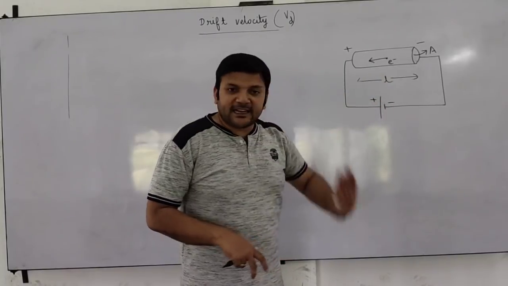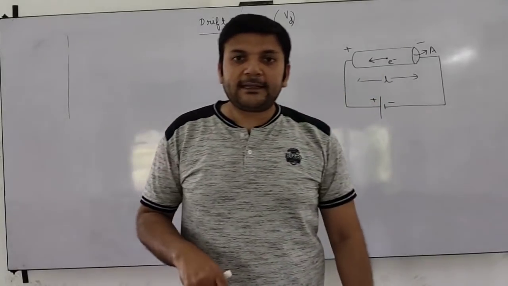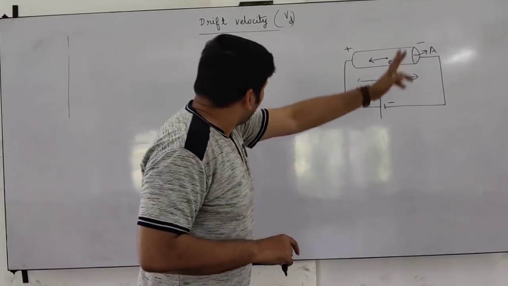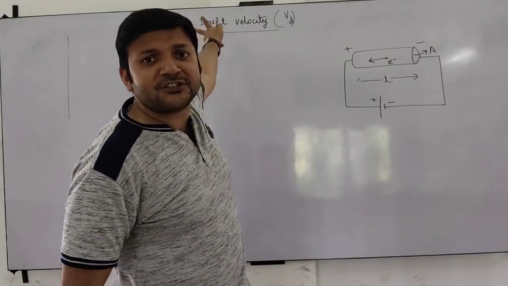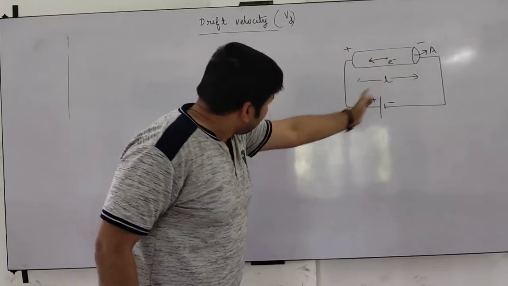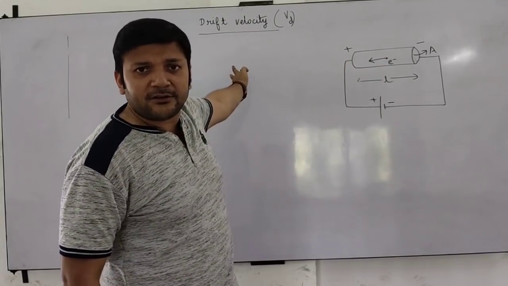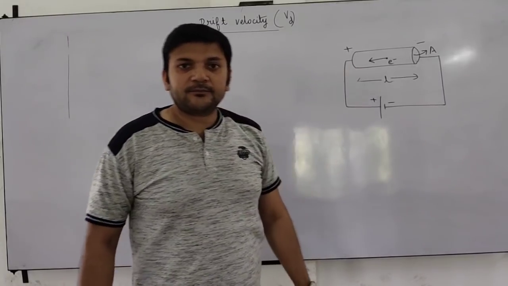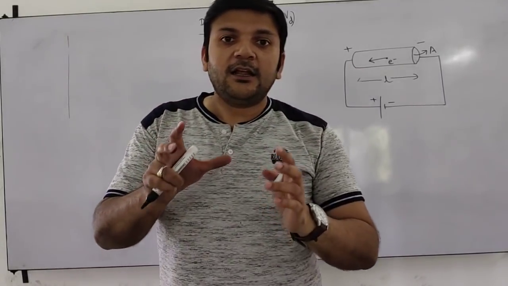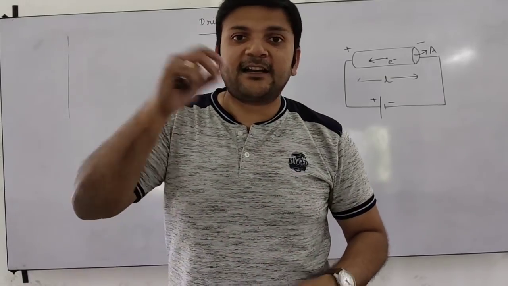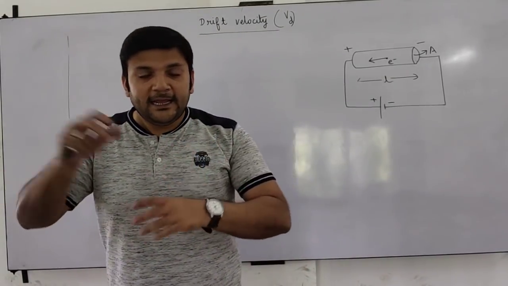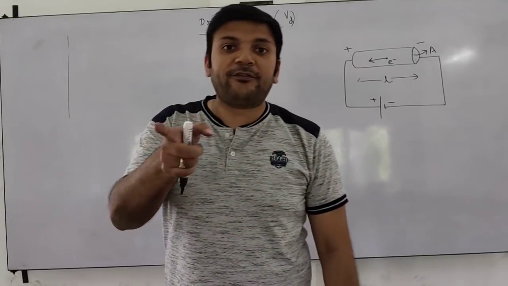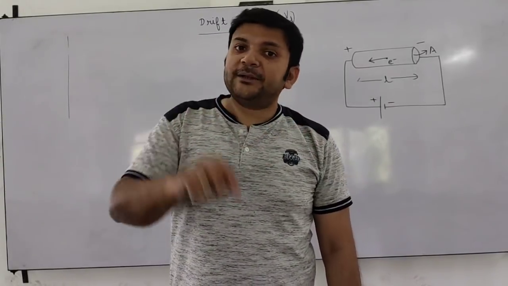When we apply this battery, all the free electrons will move towards the positive direction, isn't it? They will collide with each other, so they cannot move smoothly.